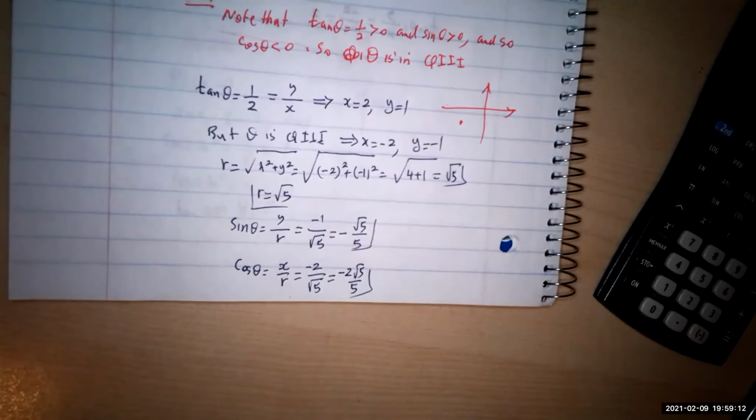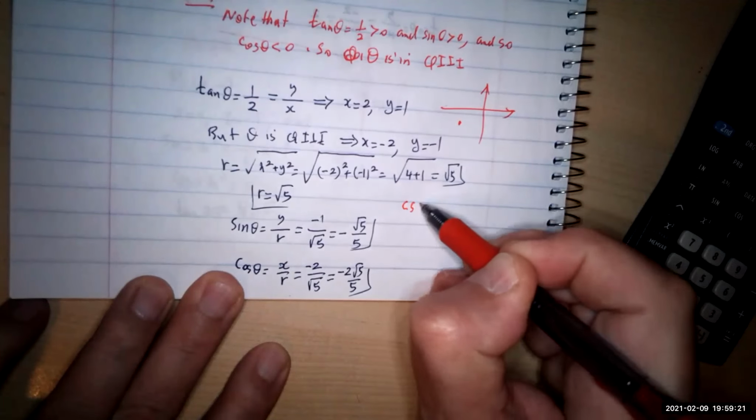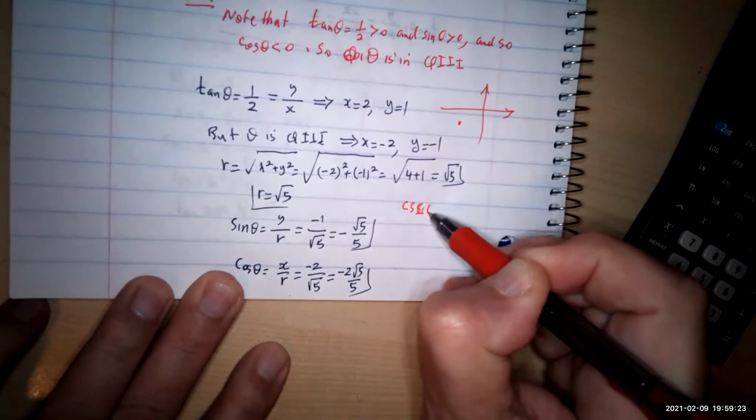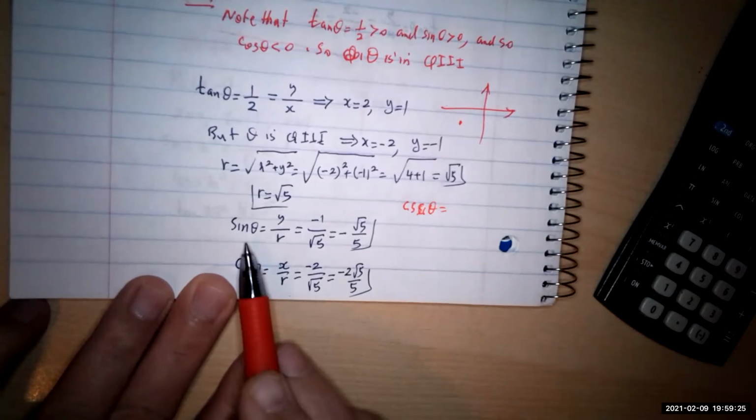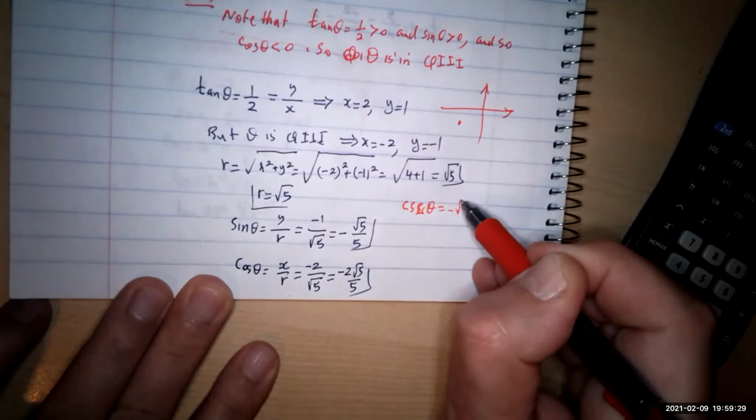So we have the tangent, the sine and the cosine. Use the reciprocal to get the others. Cosecant is the reciprocal of the sine, which is negative radical 5.